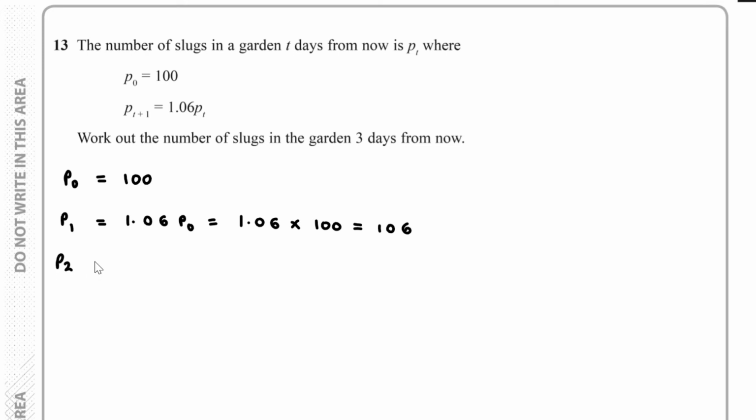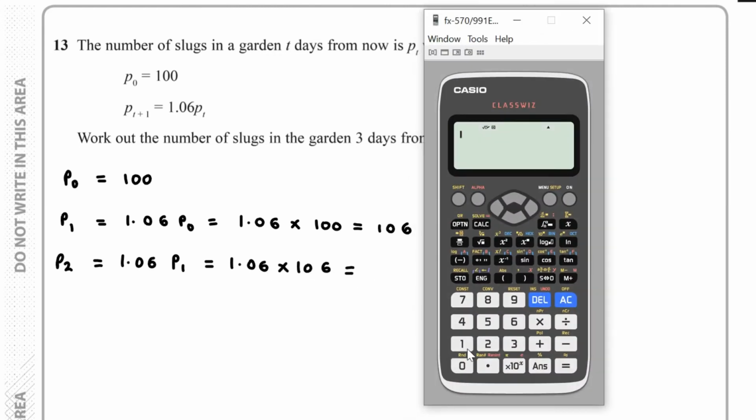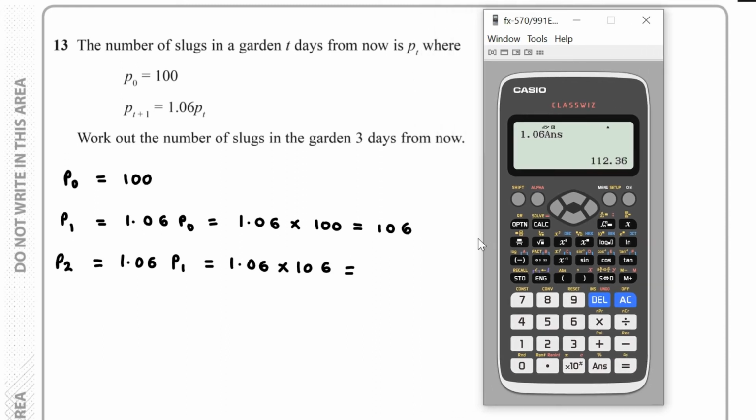P2, that's equal to 1.06 times by P1. So we've got 1.06 times by 106. So if we work this out, well, if I type in 100, then here I've got 1.06 times this, which is 106. Answer again. We get 112.36.